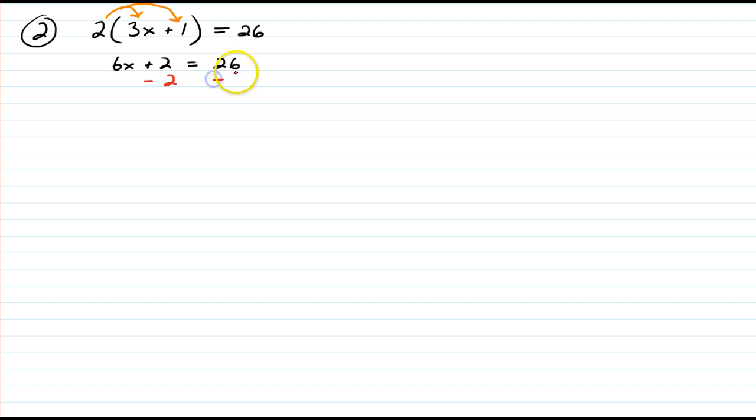So we do the opposite. Instead of adding 2, we subtract 2. So I get 6x equals 24. Now I divide both sides by 6. And I get x equals 4.